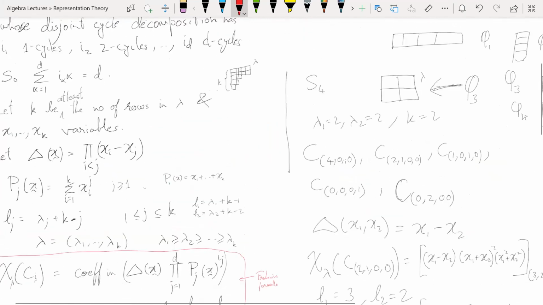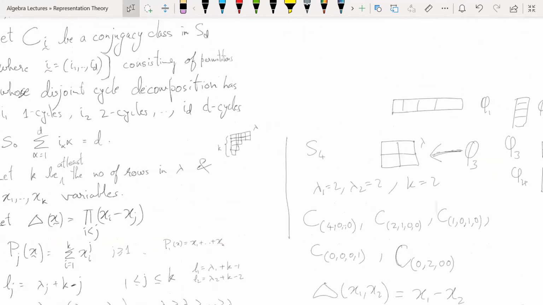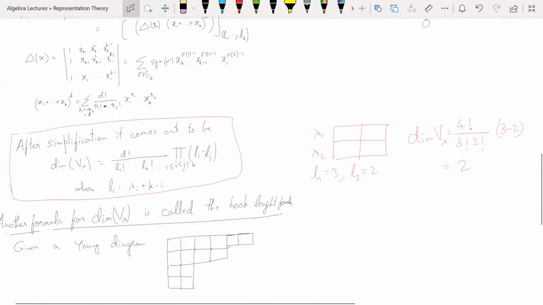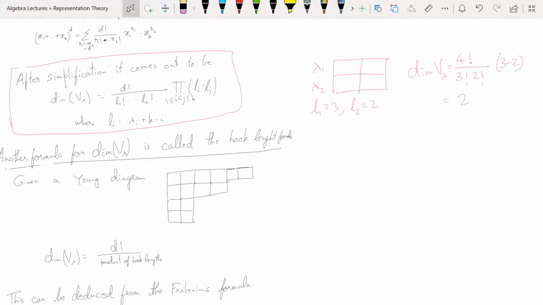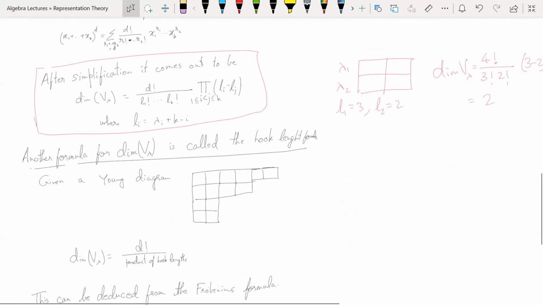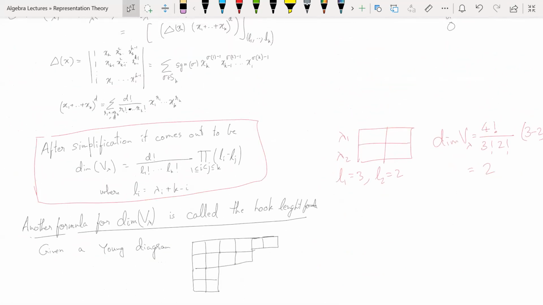So we know that this is 2-dimensional. From the character table, we know that this is indeed 2-dimensional. Okay, so I guess everything is fine, so this formula is okay. So you can use this formula. There is another formula to compute the dimension.